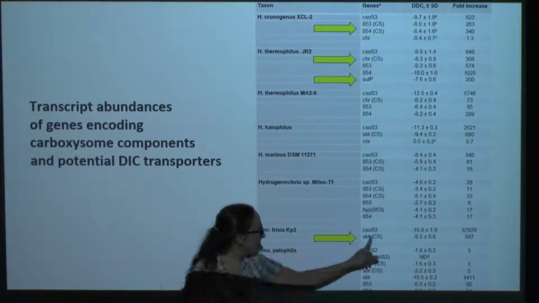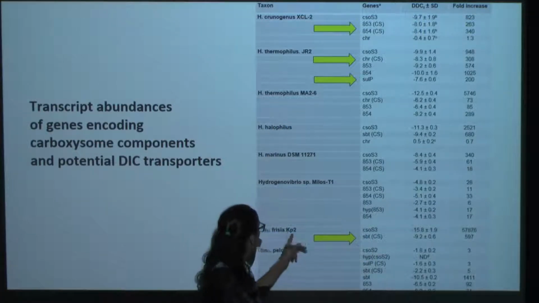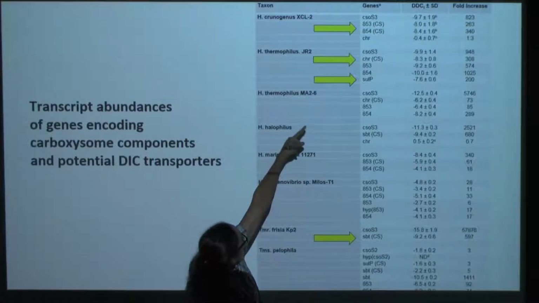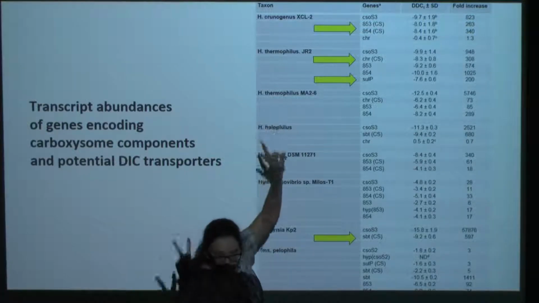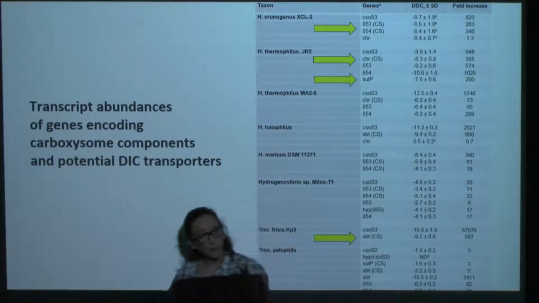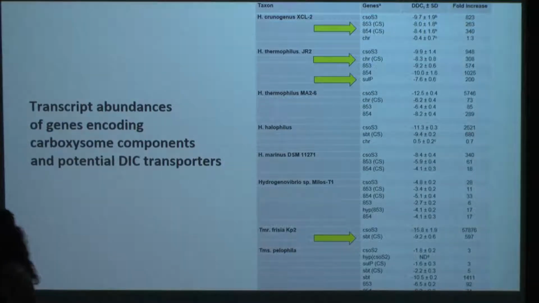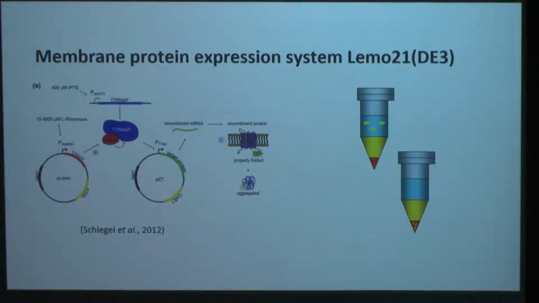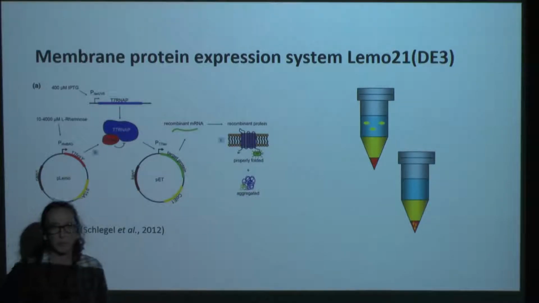So I grabbed the SBT transporter from KP2, SULP, and the chromate transporter, in quotes, from JR2, and then the 2-component transporter I previously characterized to the best of my abilities from Hydrogenia vibrio crucigenus. And took these, I amplified them out, and I put them into an expression system.